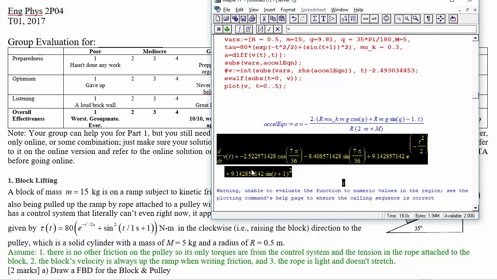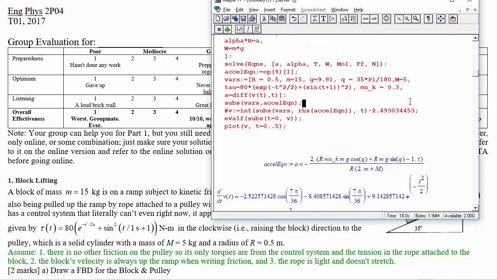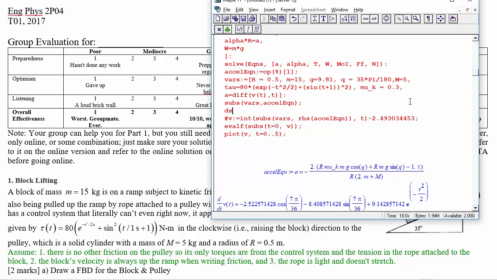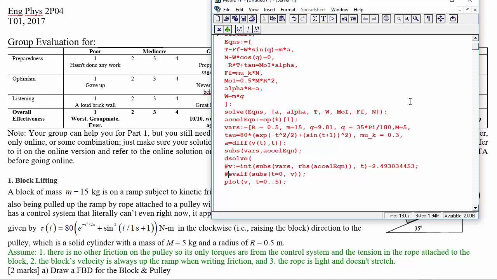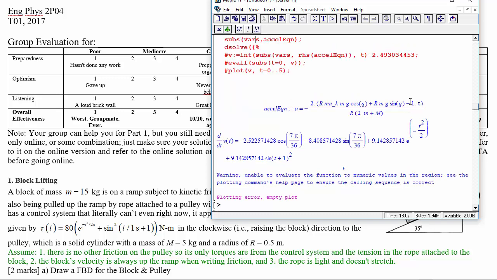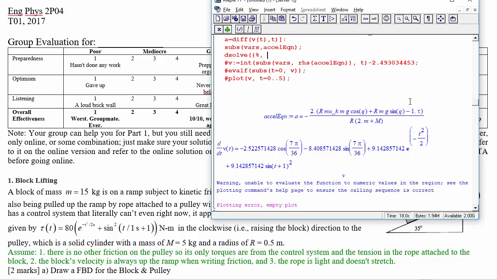So now we've got an actual differential equation for v, which we can solve with dsolve. These plots and valfs are not working right now. Dsolve the previous thing along with the initial condition that v at 0 has to be equal to 0.